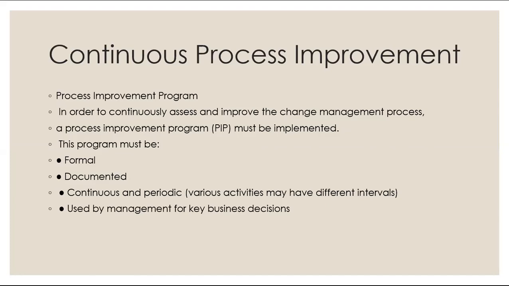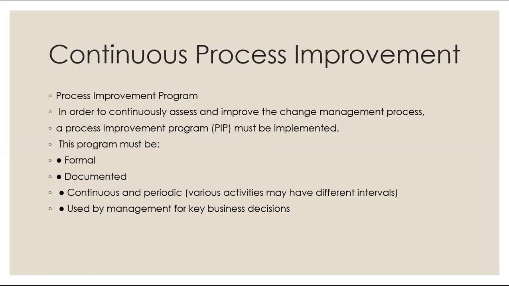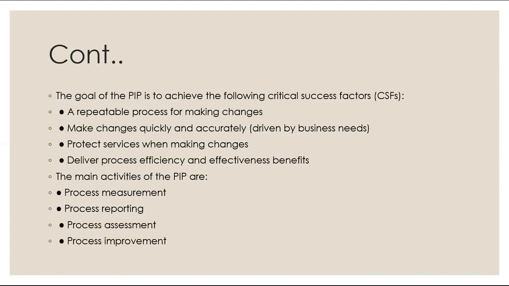Then the goal of the continuous process improvement program, PIP, is to achieve the following critical success factors: a repeatable process for making changes, make changes quickly and accurately, protect services when making changes, and deliver process efficiency and effectiveness benefits.